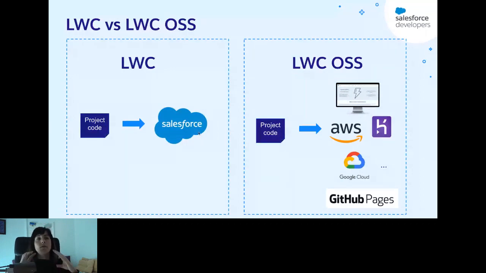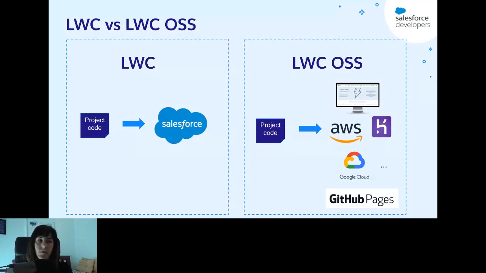Then the Lightning Web Components compiler is going to transform your files into something else, really a lower version of JavaScript. It's going to bundle the CSS and HTML, and it's going to end up serving your files in the Salesforce environment.